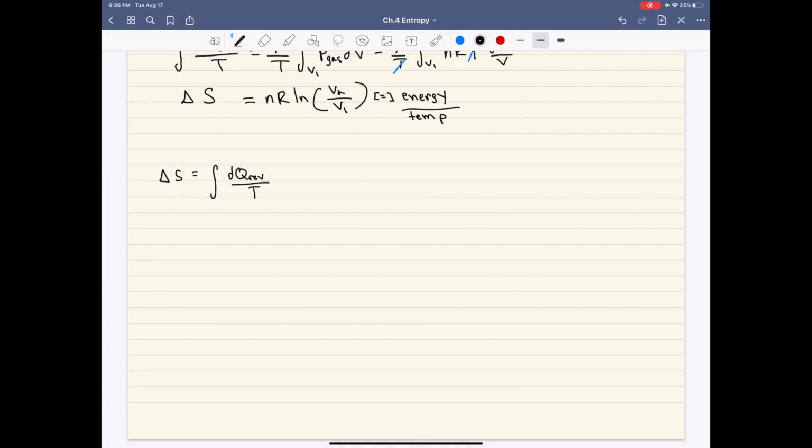inequality, we could write that the right-hand side is then going to be equal to the integral of dq IRR over t plus some term called Sgen, which accounts for the entropy generated by the process, where Sgen can be one of three things.